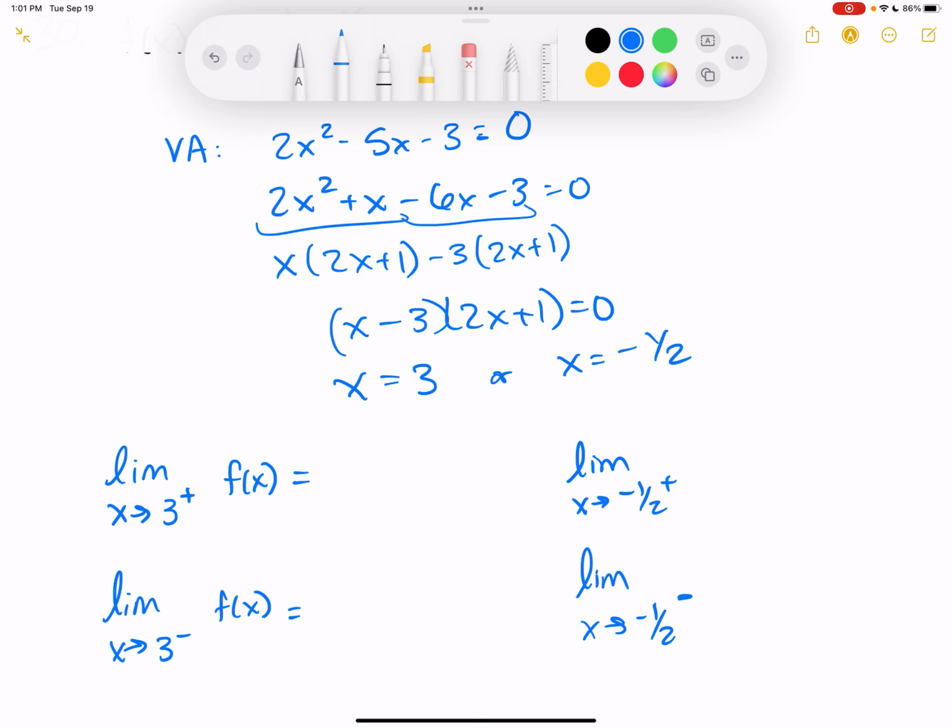So, if I'm reading this correctly, as it is approaching 3 from the right, it's negative infinity? 3 from the right, yes.